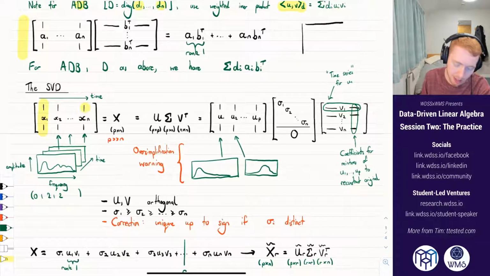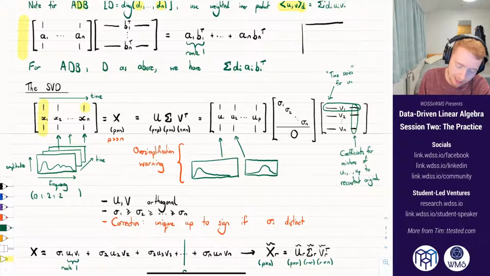And we're making the assumption here that the number of predictors, so the number of frequencies, is much bigger than the number of timestamps we have. And the math still works out if that's the other way around. But in most cases, when we're doing the SVD, that's going to be a useful assumption. And so what we learnt was that we could write this matrix here as U sigma V transpose, and that's a singular value decomposition.